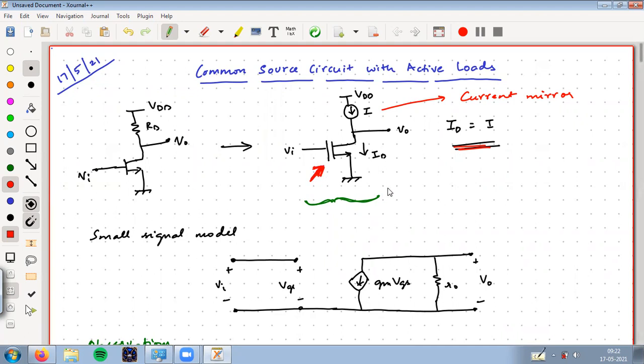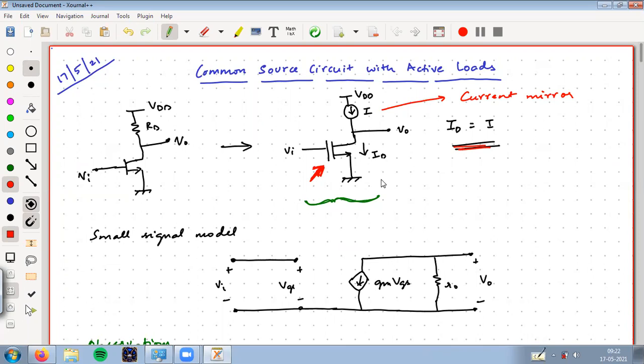Whatever current flows through that MOSFET should match the current in the current source. So what we'll do now is replace that current source with an actual current mirror, and this current mirror is made up of PMOS transistors.